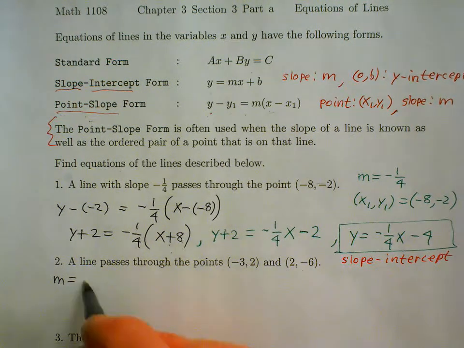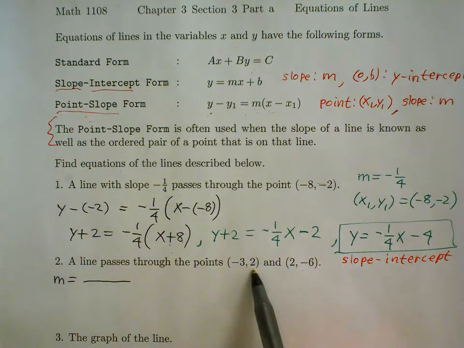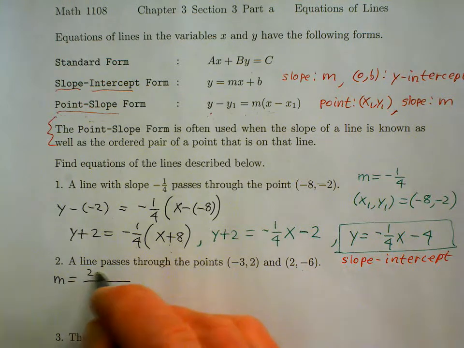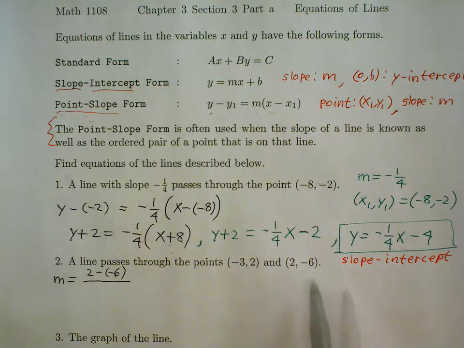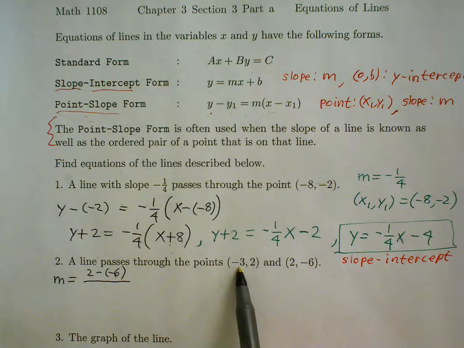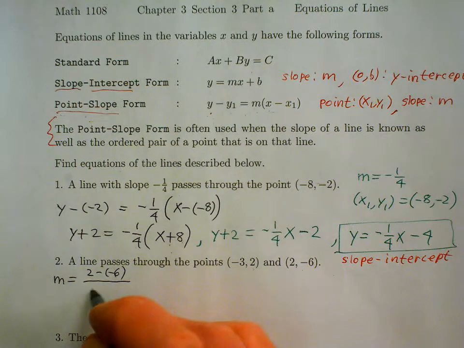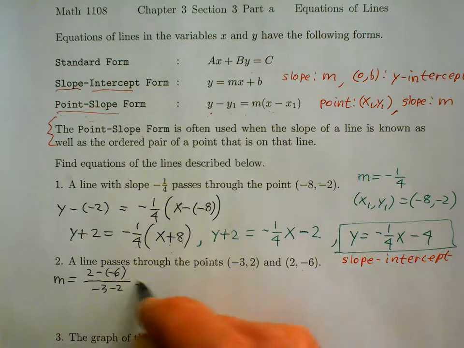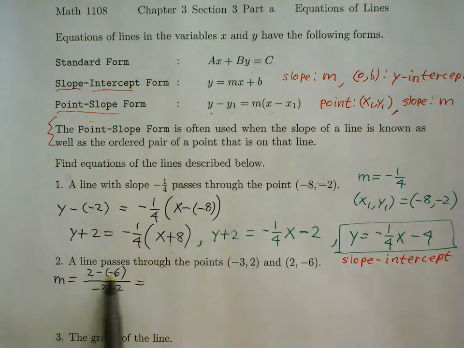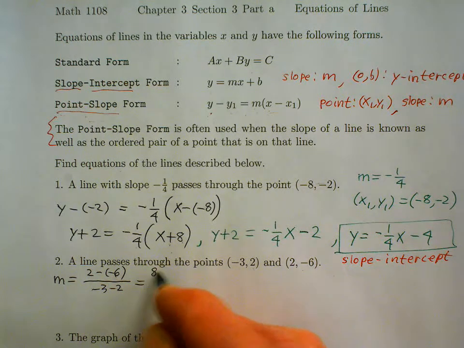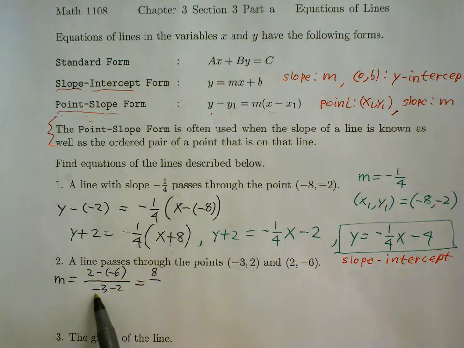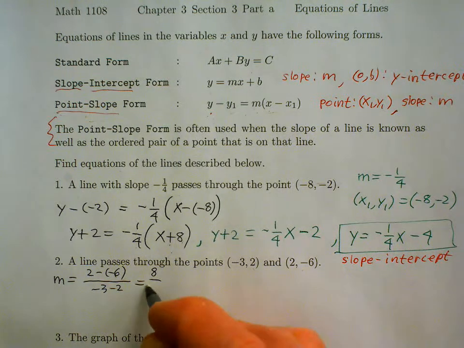So in the numerator, I'll write 2 minus -6, and in the denominator, -3 minus 2. And 2 minus -6 is the same as 2 plus 6, which is 8. And in the denominator, -3 minus 2 is -5.